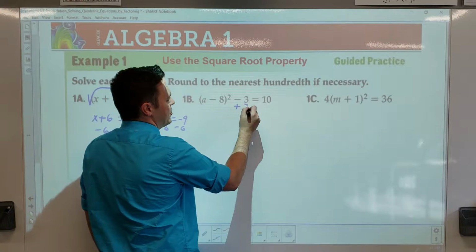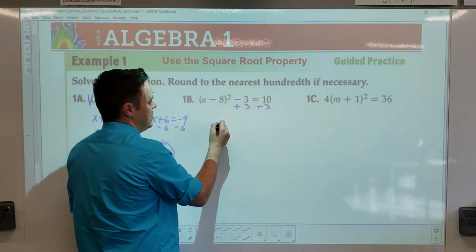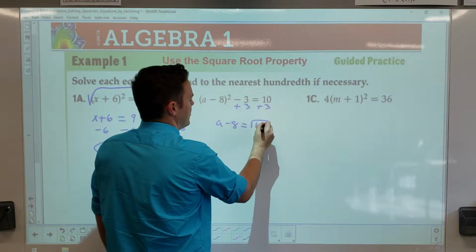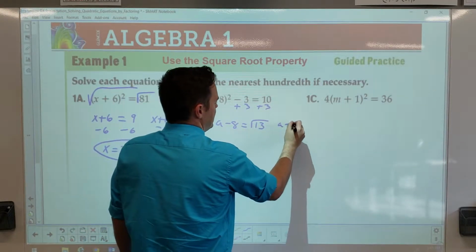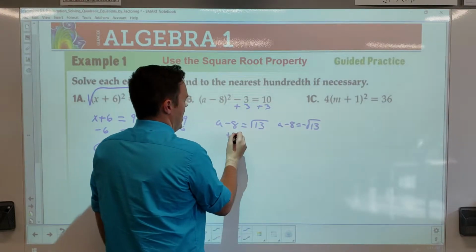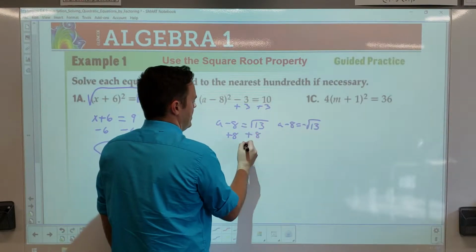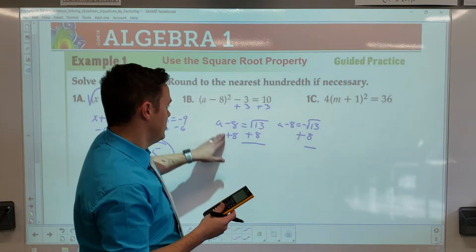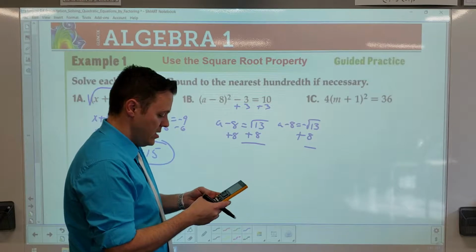This one here, add 3 to both sides. Then it would be x minus 8 equals the square root of 13, and x minus 8 equals negative square root of 13. Add 8, add 8, same over here. Make sure I'm doing my math right because I'm going pretty quick.